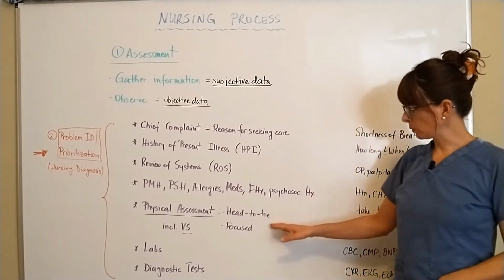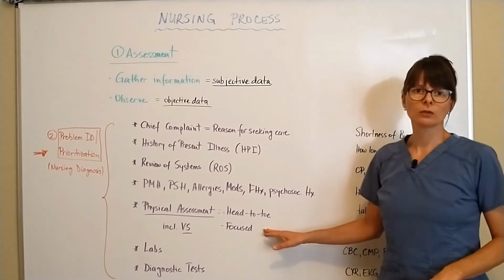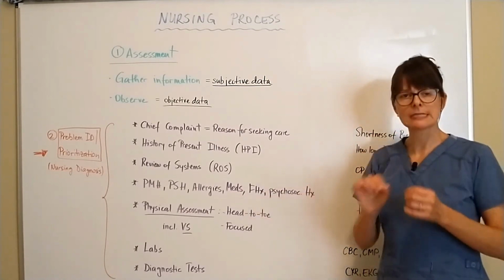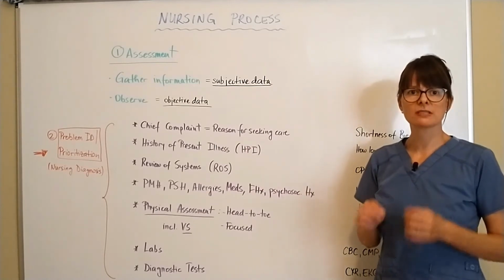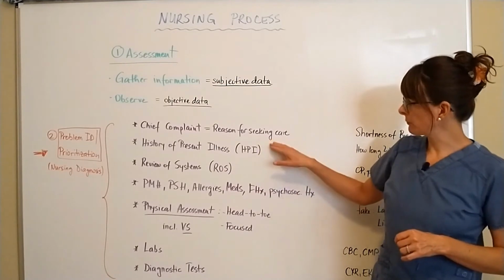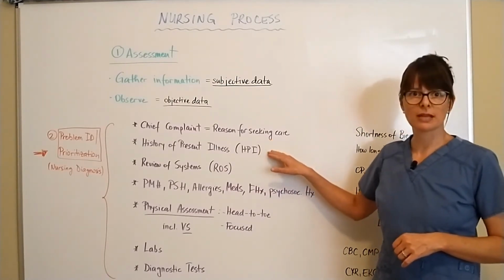For physical assessment, we also want to make sure that we have a focused assessment. So we don't necessarily assess all the different very intricate details of the patient every single time we assess them, but we make it focused, referring back to their reason for seeking care and the history of their present illness.